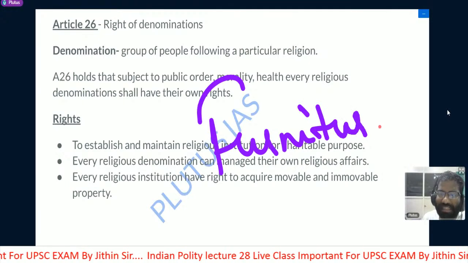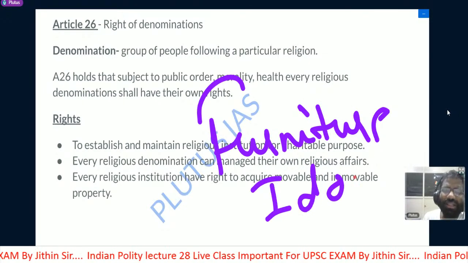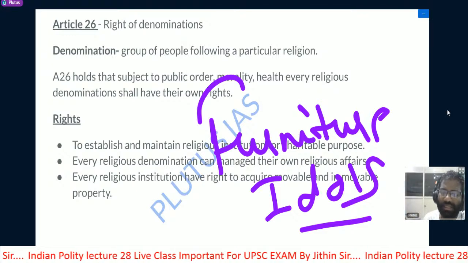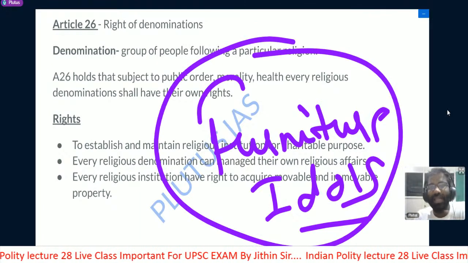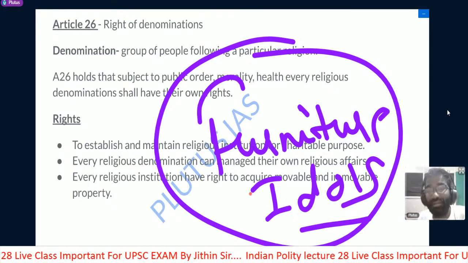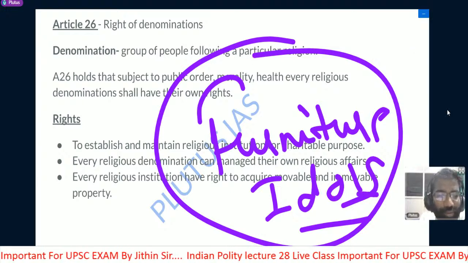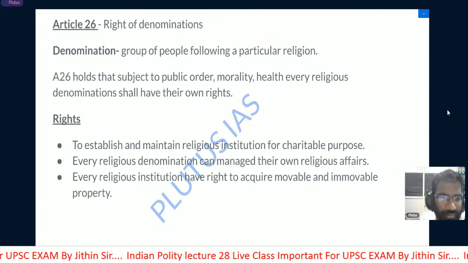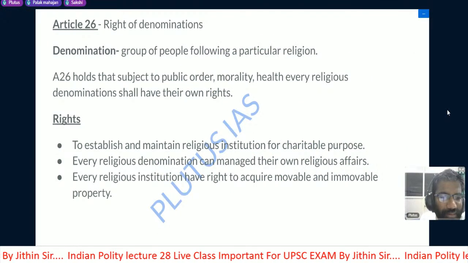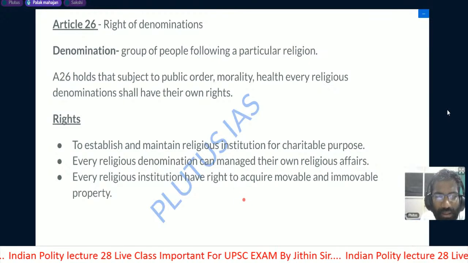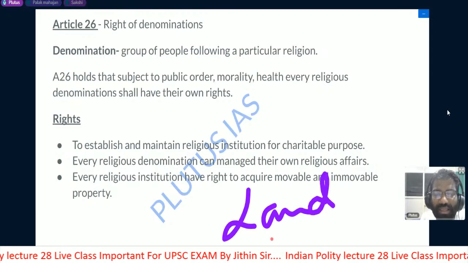Furniture, idols, all the things which are required to set up that religious institution, that is movable, because I can carry it from one place to another. Immovable property. What is immovable property? The land which is bound to the soil.